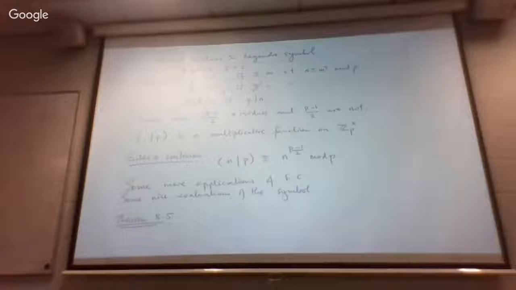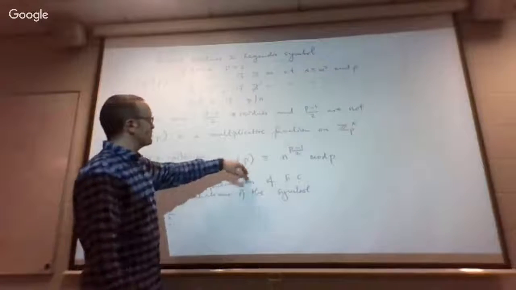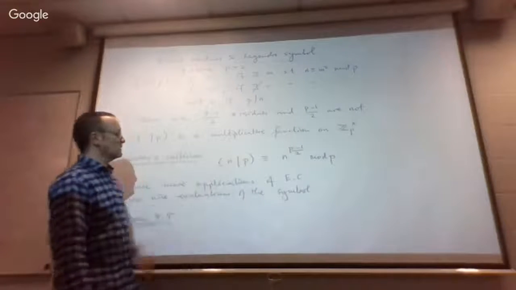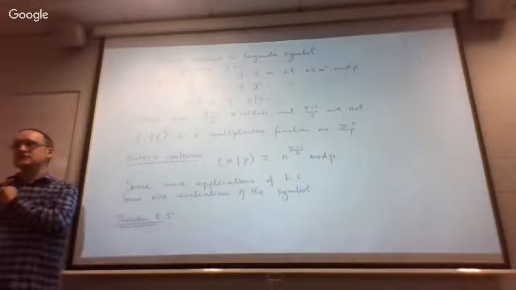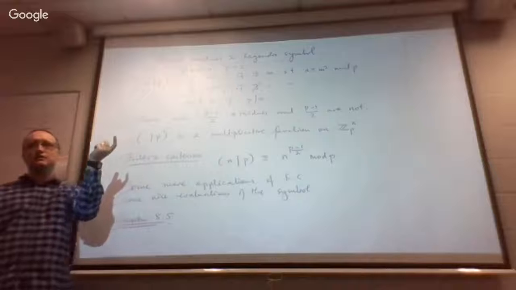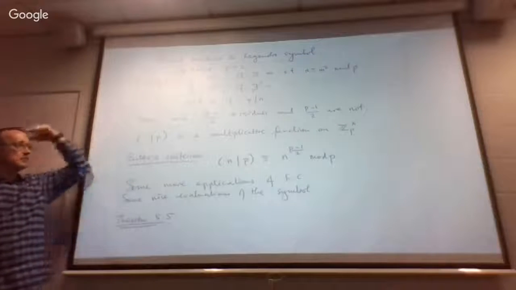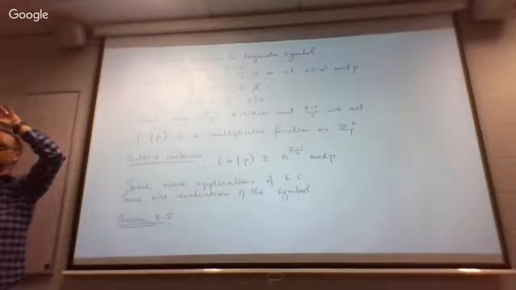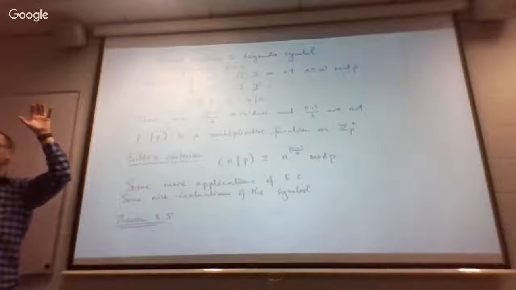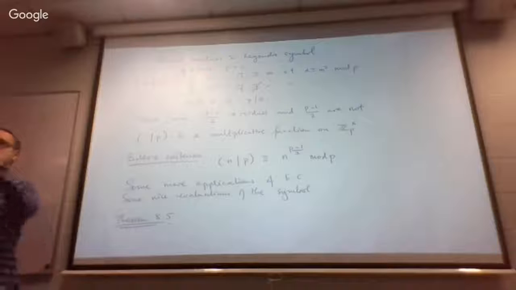Now, the way we're going to solve the general problem eventually of evaluating Legendre symbols is a bit reminiscent of the Euclidean algorithm. Remember the Euclidean algorithm, faced with the problem of getting the greatest common divisor of two large numbers, kept reducing the pair.